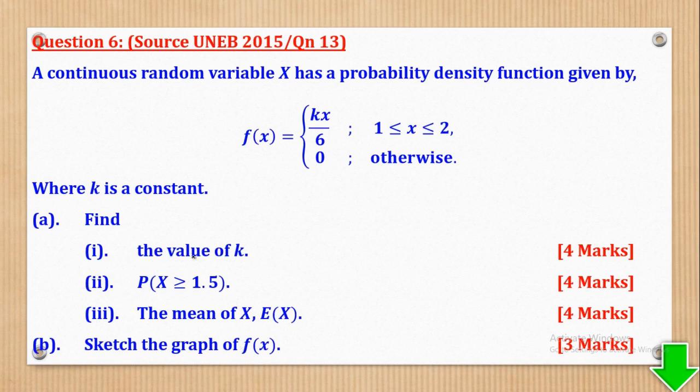So we shall start with part A, where they want the value of the constant, and like I said, for you to get the value of the constant, you must remember that total probability is always equal to 1. So the function to integrate is this, which is given in the question, and the limits to use are these ones. So we are going to integrate this from, sorry, from 1 to 2.